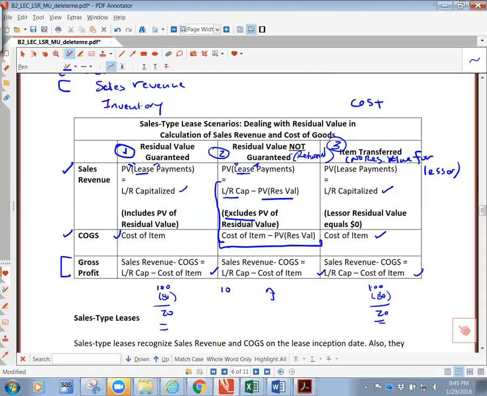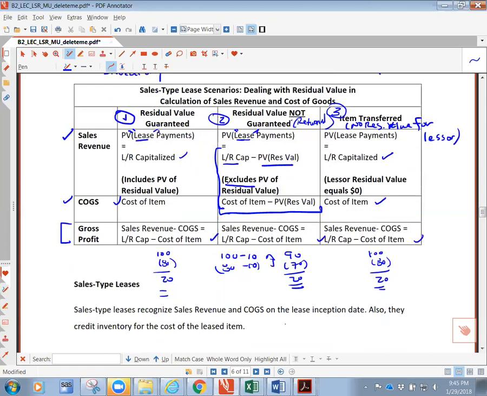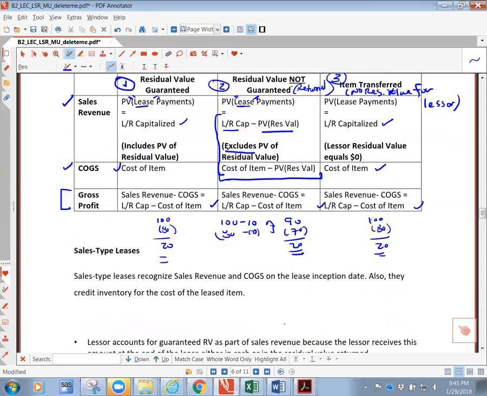Well, over here, let's say that your present value of your residual value was 10, and you subtract it from both, right? So then you get 90 less 70, and voila. You're subtracting both sides by the same thing, so the distance, which is the gross profit as a difference, is the same. So the take-home message is, no matter what scenario you're in, the gross profit is always going to be equal, because it's measuring the difference. Okay?